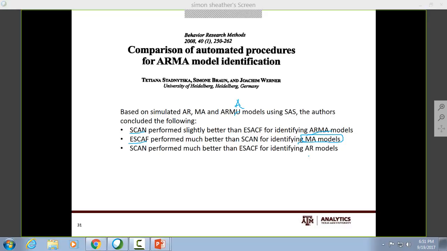If you think about the whole motivation for this extended sample autocorrelation function, yeah, again, that should be ESACF, my fat finger typing, you remove the AR piece and the MA piece is revealed. So it's not surprising that that does well. And then SCAN does better if you just have an AR model.